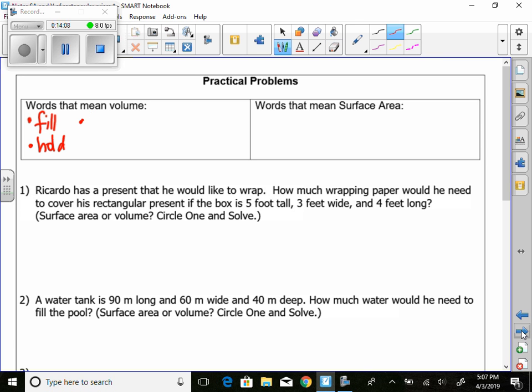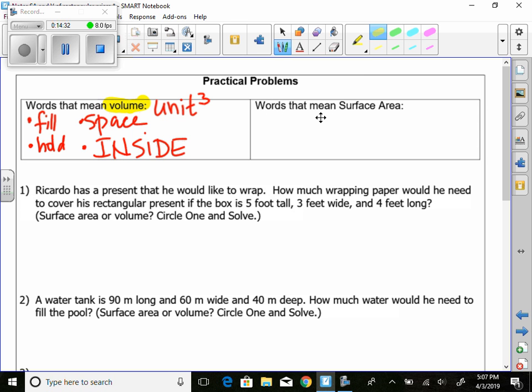All right, so space is a good one. But any word that indicates inside the shape is going to be referring to volume. The volume again is always going to be cubic units. So units to the third power.